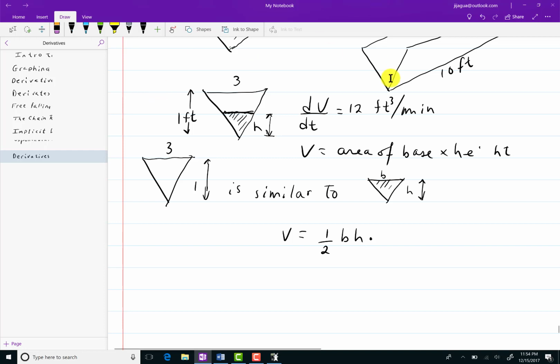I don't want to use height twice. Area of the base times the length. That way I can use height for this stuff here. So the length of this thing is 10 feet.